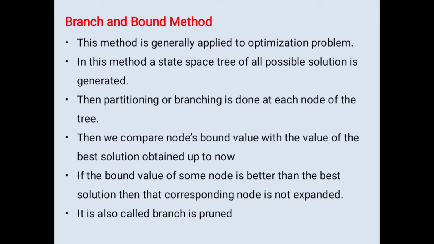If a node does not get the solution, that means it is only a partial solution, then the node must be expanded because it must search for the best solution. Suppose the node gets the best solution, then it is not expanded. This process is called branching, and this technique is called pruning.